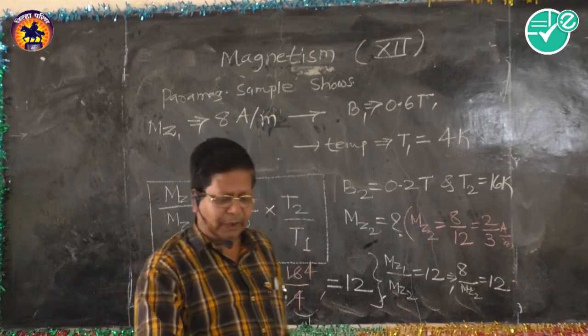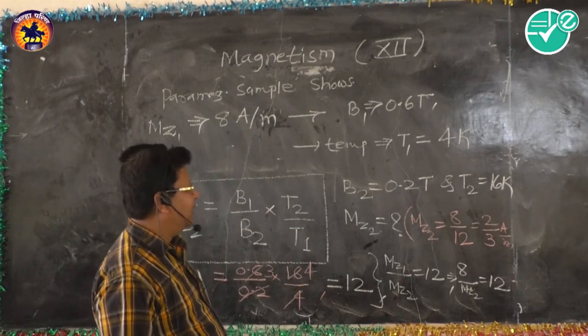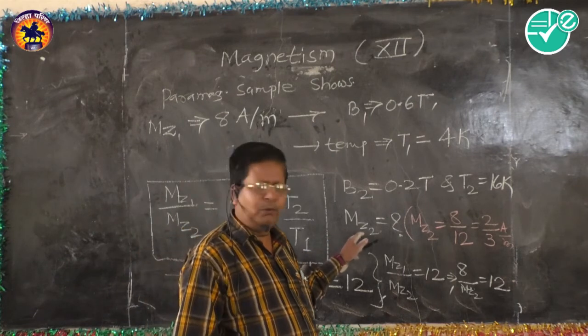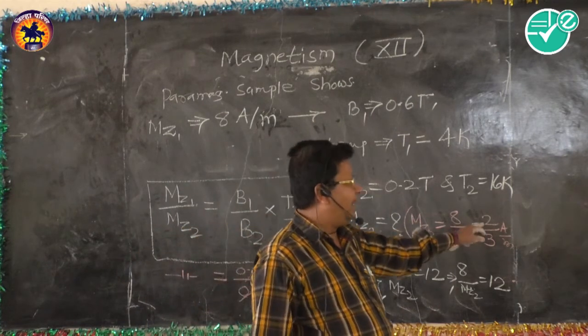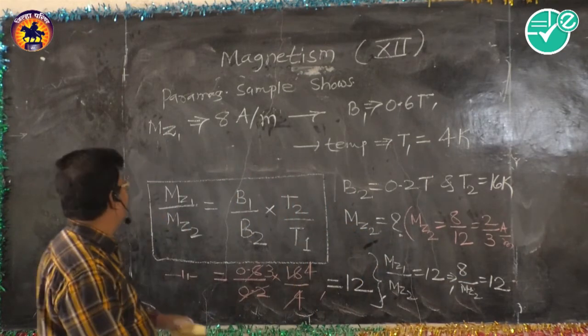So for this numerical our result is Mz2 equal to 2 by 3 ampere per meter.